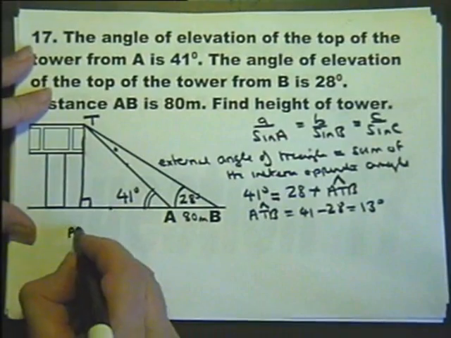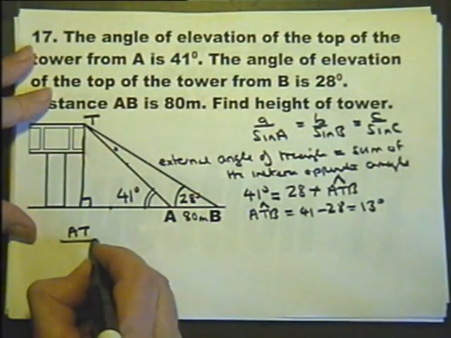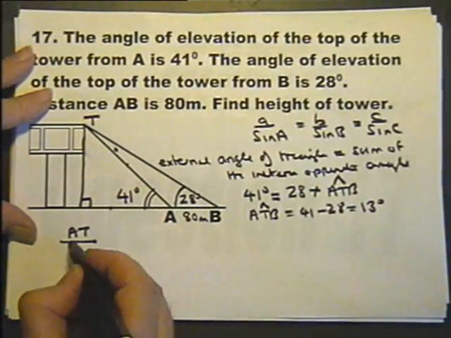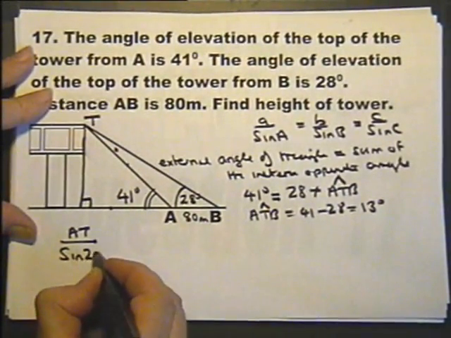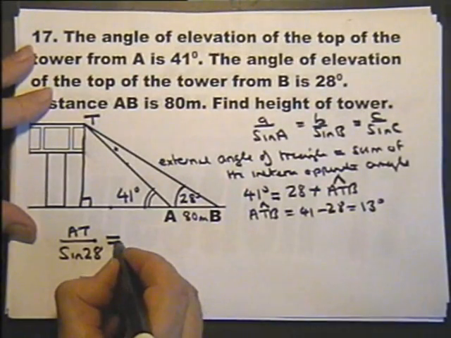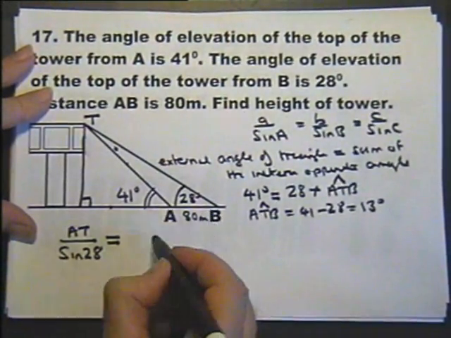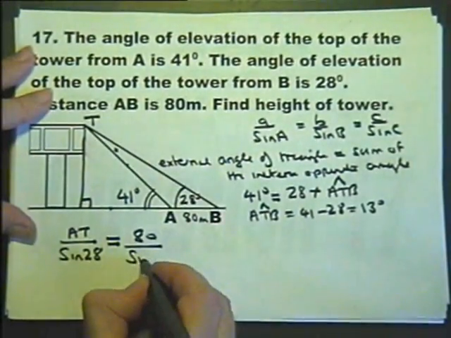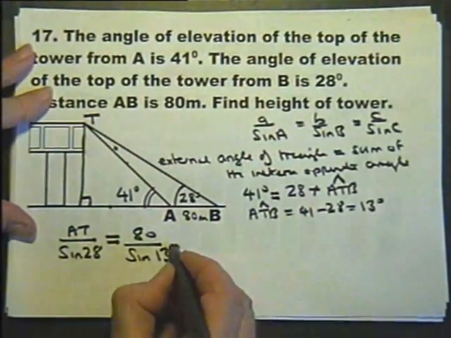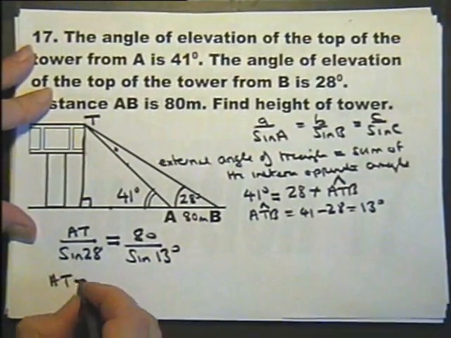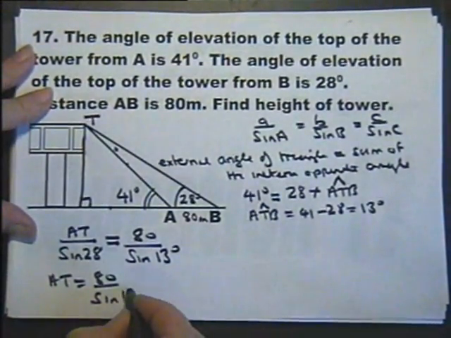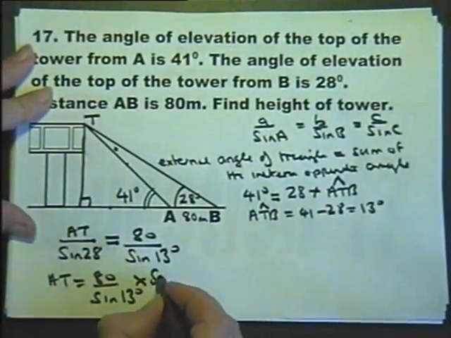So we've got AT over the sine of the angle that's opposite, equals AB, which is 80, over the sine of the angle which is opposite. So AT equals that divided by that multiplied by that.